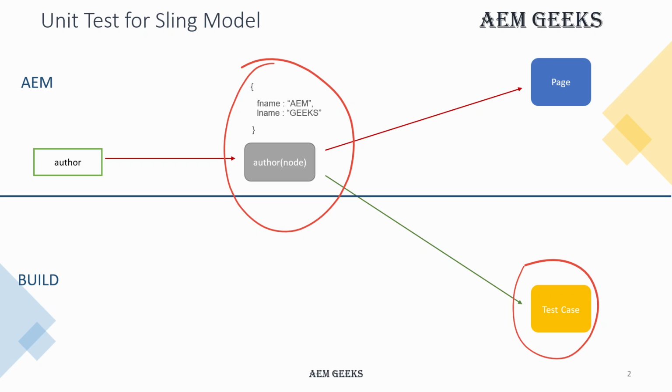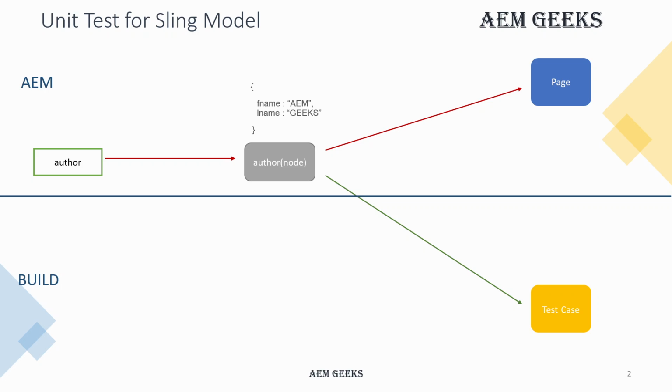But the problem is this resource is not available, because there are two different environments. Your test case is executed during the build, and at that time AEM is not available, so that resource is not available. If the resource is not available, the properties are not available. How will your Sling model methods get or return those values while testing?